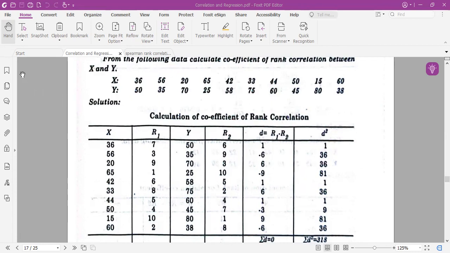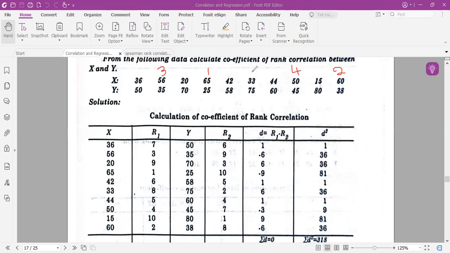So how to calculate the ranks? You have to put these in descending order separately. If I put this in descending order, what number comes first? 65 comes first. Then 60 comes second. Then 56 gets the third rank. The fourth rank goes to 50.